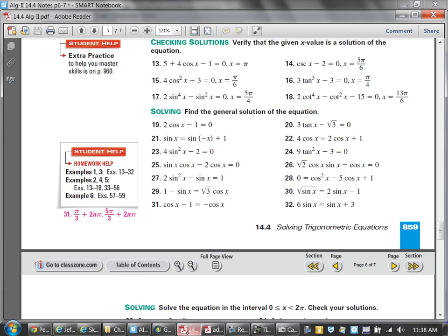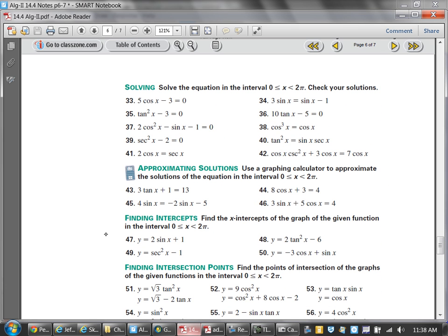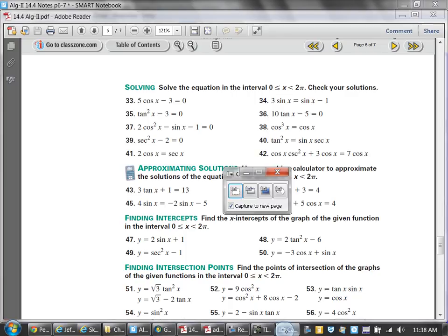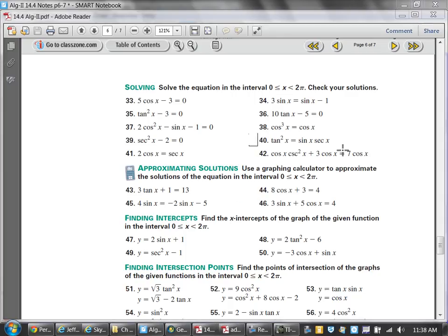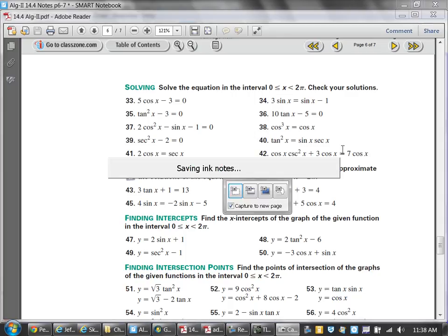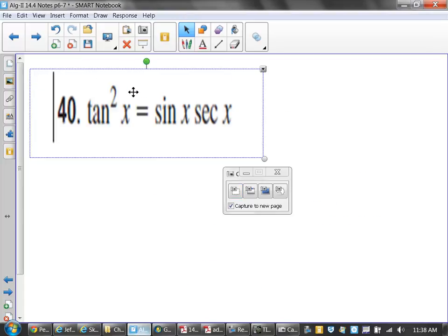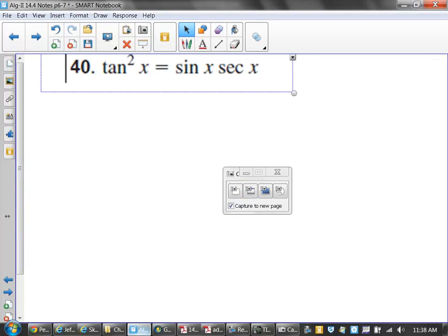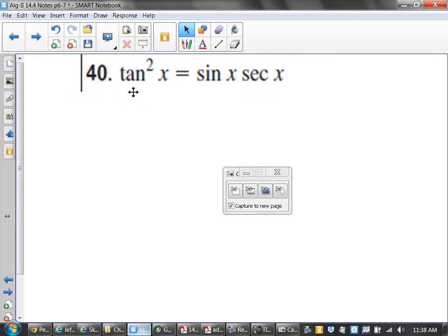On the other side, when we're working with equations within the interval, this is when we're just looking to list out all possible solutions. And in 40, there's a trick. There's always a trick. What's sine times secant?